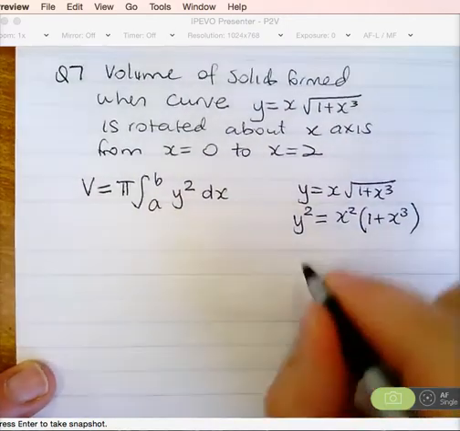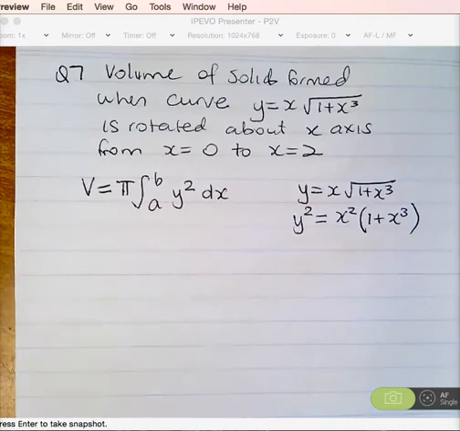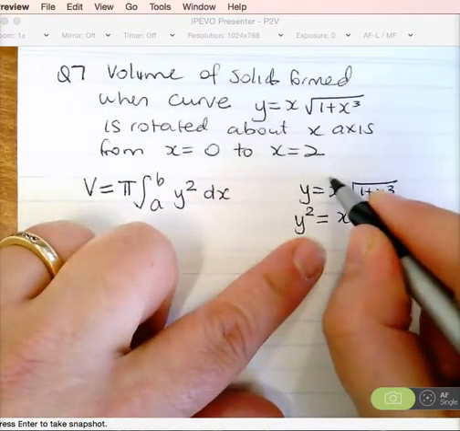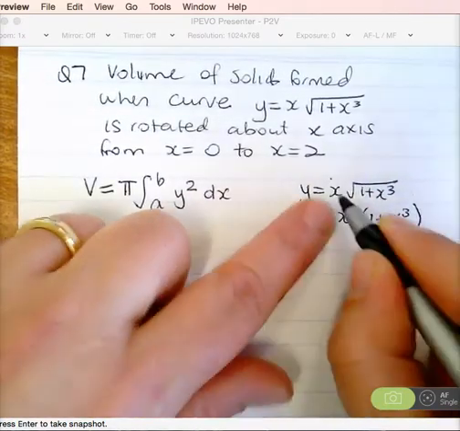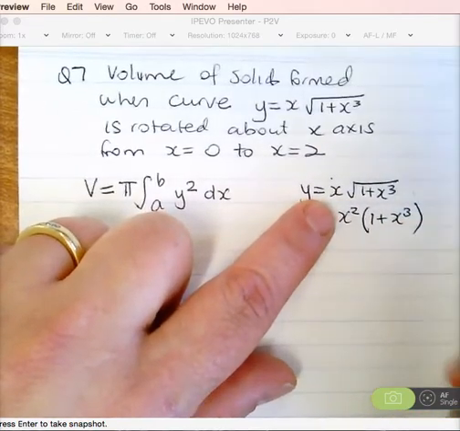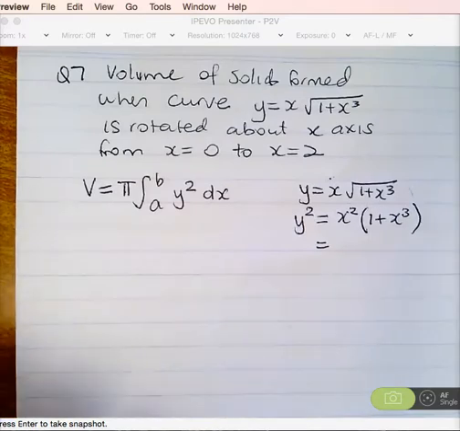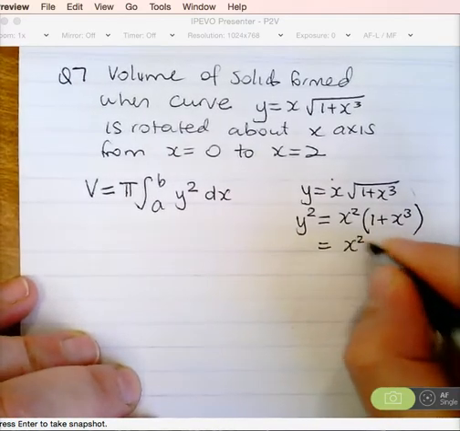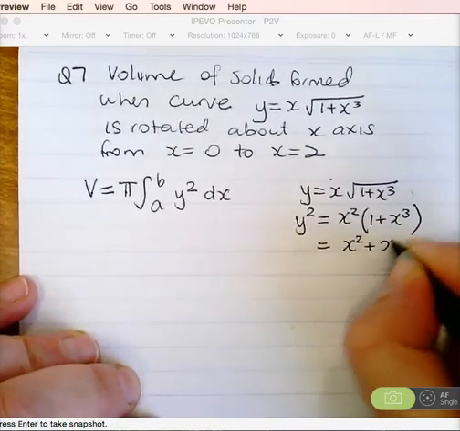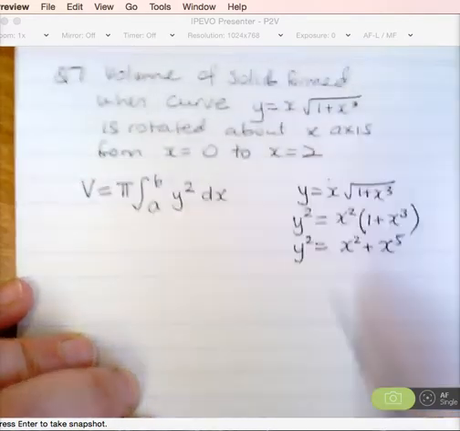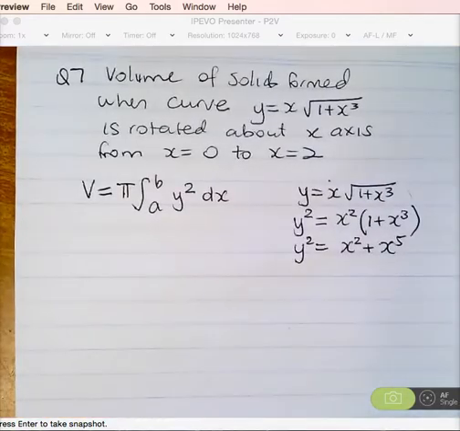Are you okay with that, girls? You are squaring the whole thing. So you square the x and the square root goes. Now what should you do instead of doing this as a product rule? Expand it. X squared plus x to the 5. That's what y squared is. Now you complete the question with that.